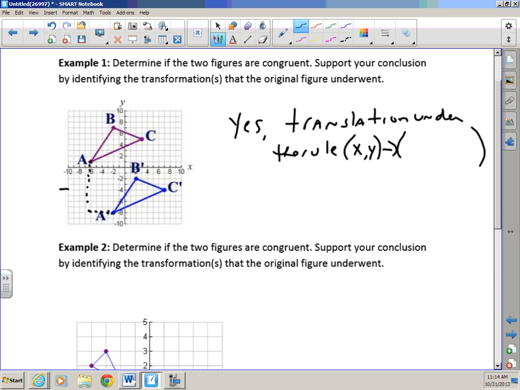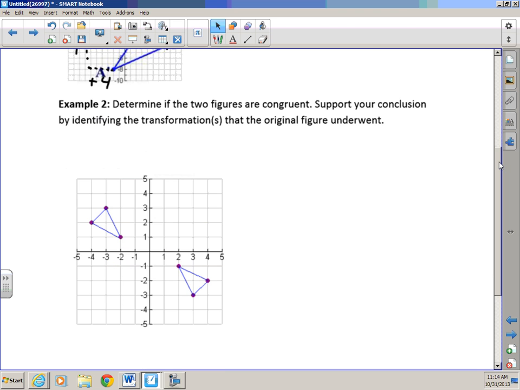I went down 9, which is a minus 9, and I went right 4, which is a plus 4. I can do that with any of the three points. So what was the rule? I added 4 to the x, and I subtracted 9 from the y. Okay?